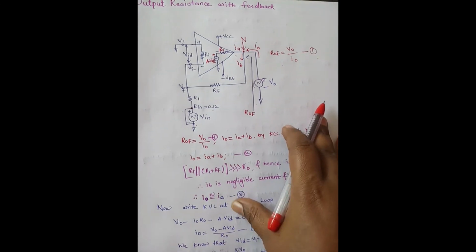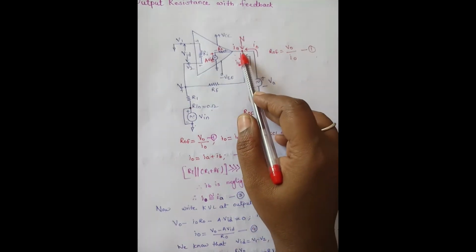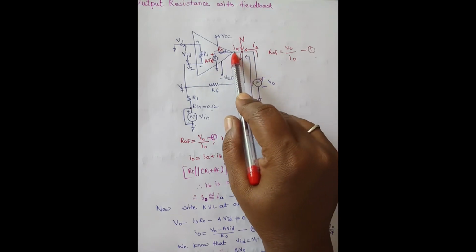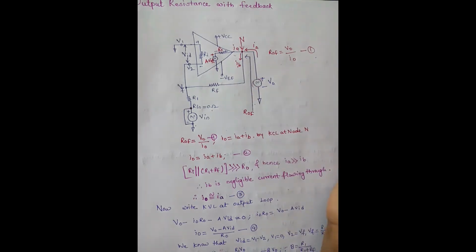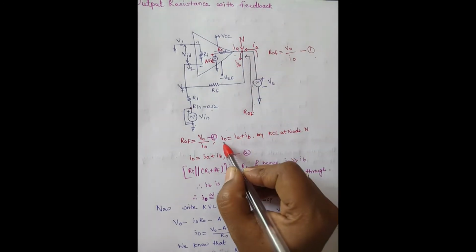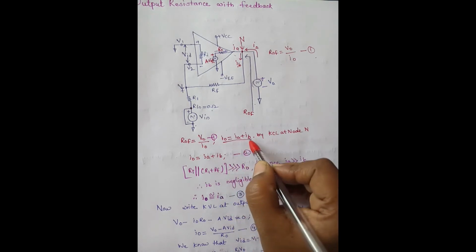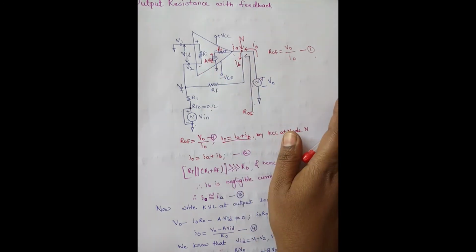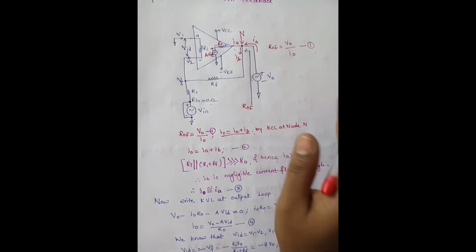Now here we know that I0, the current at node N, will get split into two current components, one is IA and another is IB. So when writing the KCL, we can write I0 is equal to IA plus IB, that is at node N, incoming current is equal to outgoing current.